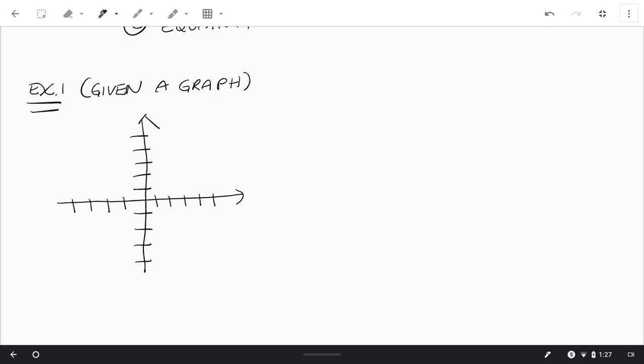All right, suppose that I have a point right over here, that's at -3, 2. And then suppose that I also have a point over here at 2, -1. Okay. And so that I have a line that goes through these 2 points. Okay. So if you're given a line, the graph of a line, then you're expected to be able to find the slope.